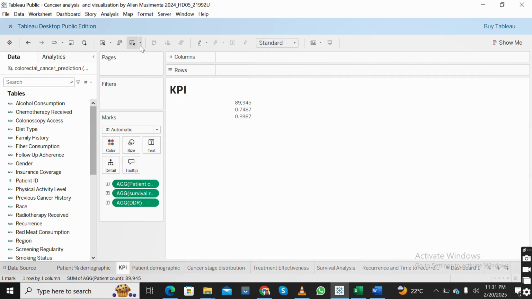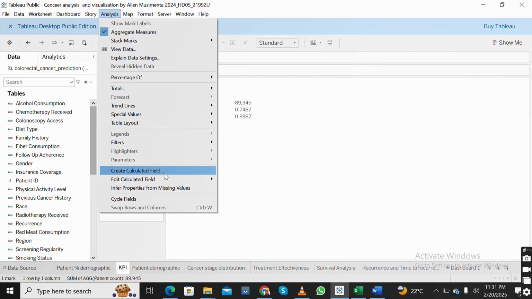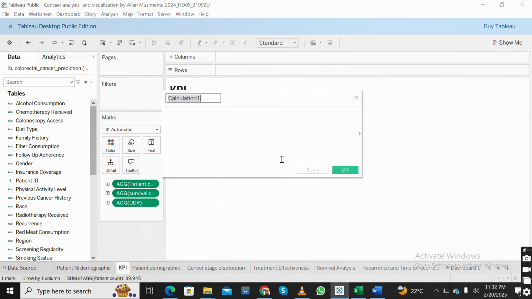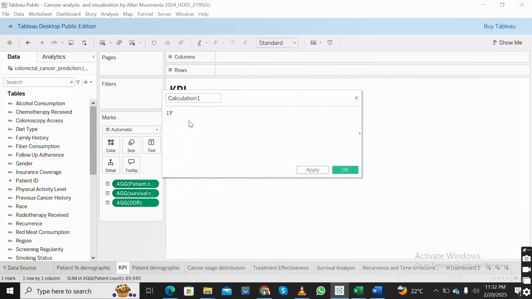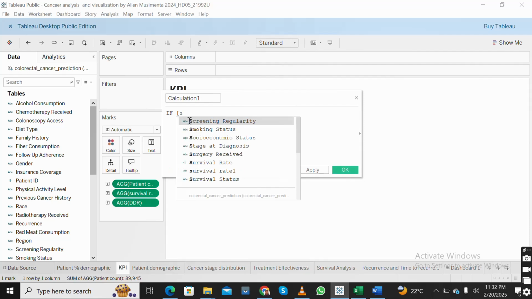So after obtaining, for example, when you go to calculated field, and then you say the if function, if, open the brackets, you put in the survival.